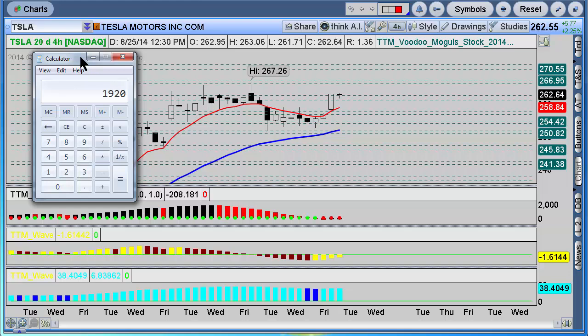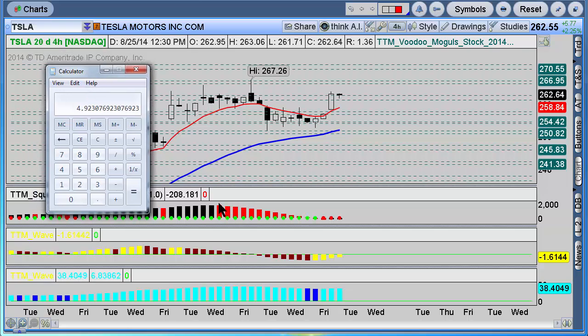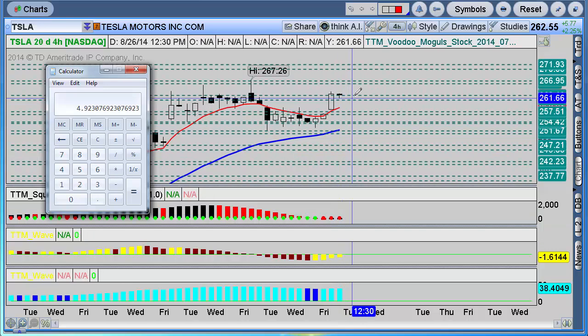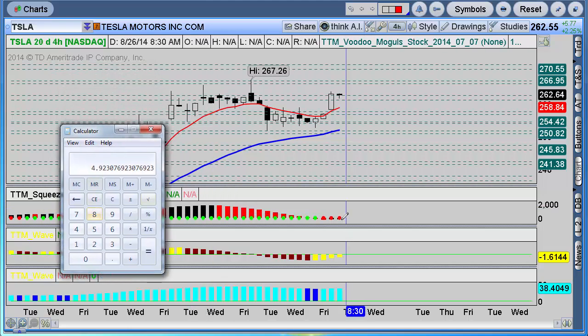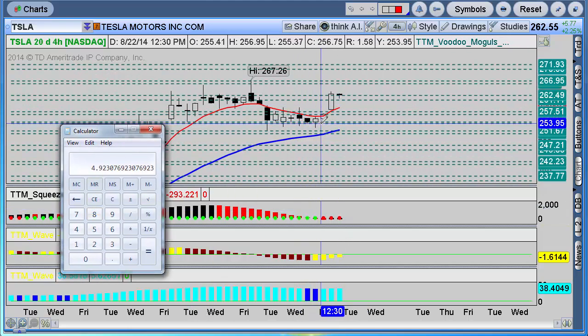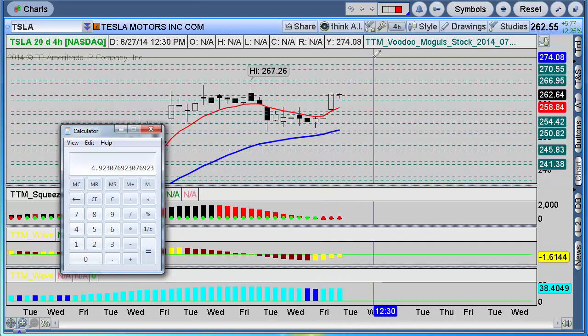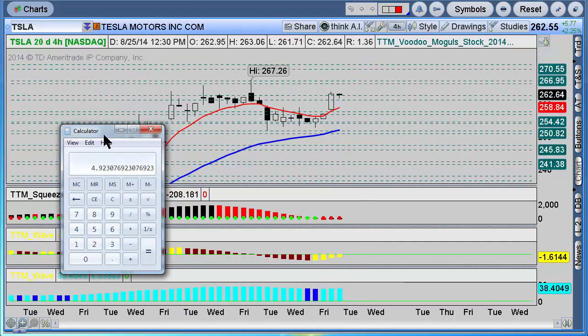So I'm looking at this 4-hour chart and suggesting that it could have strength for the next 1920 minutes. We know there are 390 minutes in every cash session, so if you divide those two, that's going to give you almost 5, 4.9. So it's saying that this signal should provide strength for the next 5 days. Now we only have 4 left in this week, obviously, because Monday has just come to a close, but that's a way you can look at a particular signal, think about how much strength it should give you for how long, and then make sure you're choosing contracts that coincide with that.